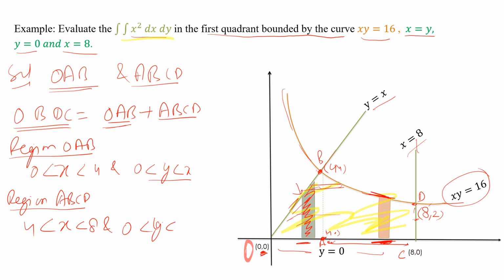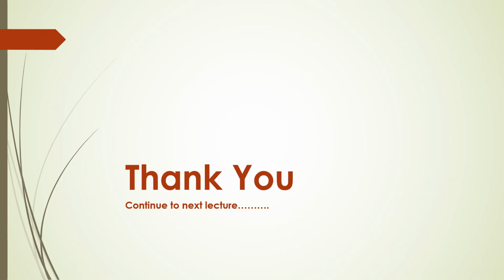What is y here? y is equal to 16 by x. In that way you can easily evaluate the integral. You break the integral into regions, that is, the double integration over OAB plus the double integration over ABCD. Continue in the next lecture.